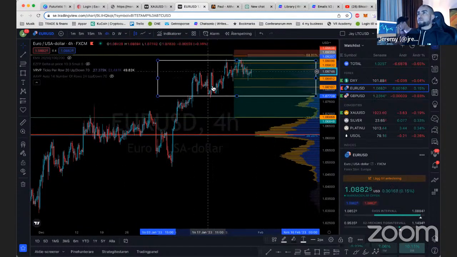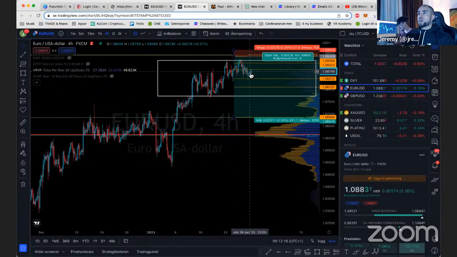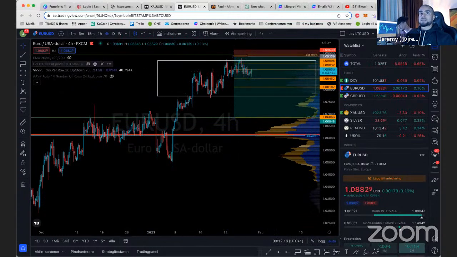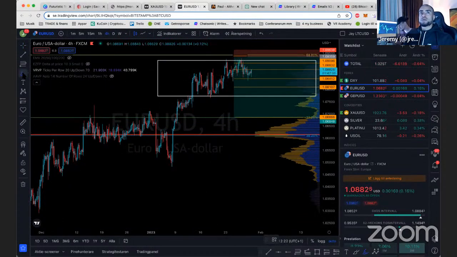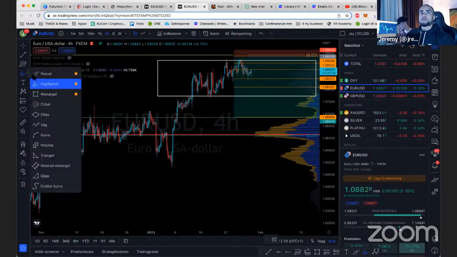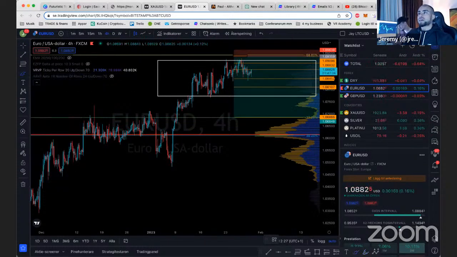So now that we know that most of the volume is here, what needs to happen is the market needs to break out from this box. And what I want to see now is the market, as I said, we called out this trade before, and we didn't really reach our entry. We missed it by maybe like 50 pips or something.